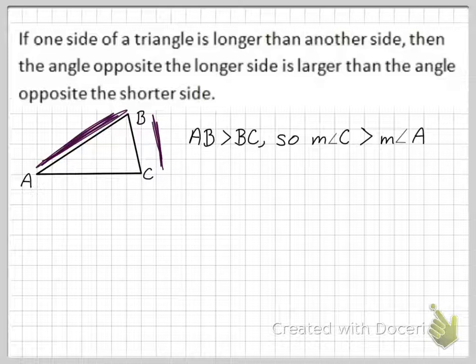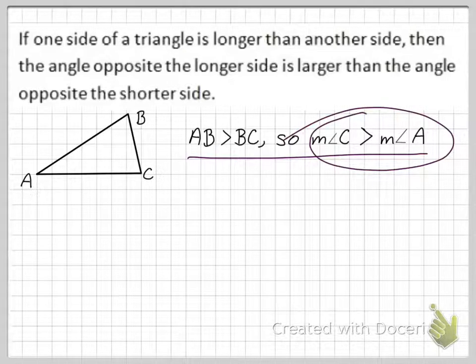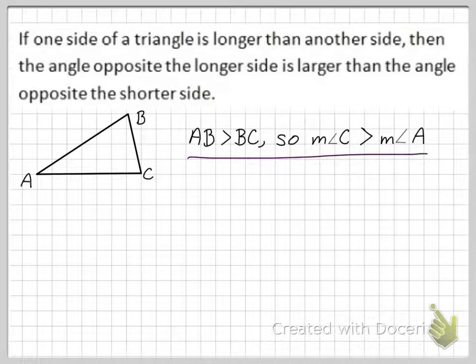So then it follows that the angle opposite AB, which in this case is C, is going to be greater than the angle opposite BC, which in this case is angle A. So we have this: if the measure of side AB is greater than the measure of side BC, then it follows that the measure of angle C must be greater than the measure of angle A.